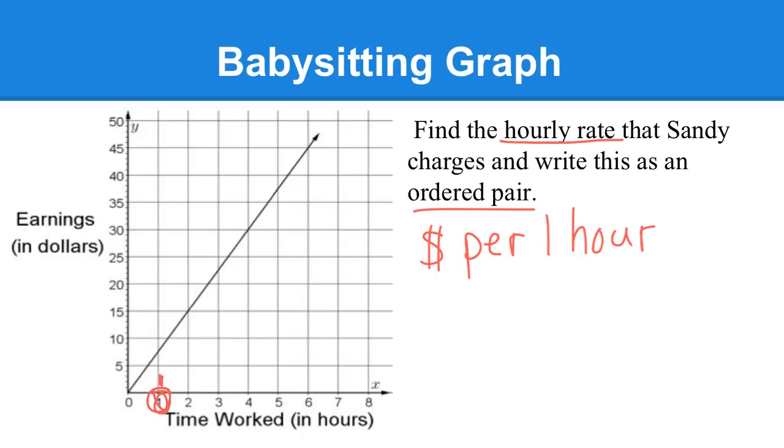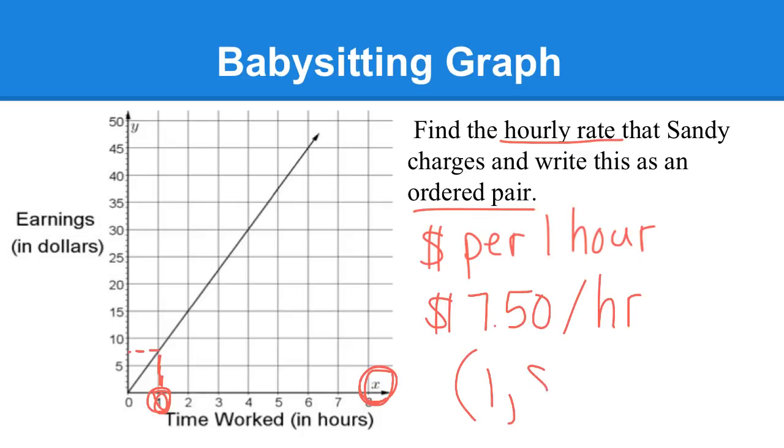And I can go up to my line, take a hard left, and go across. And it looks like she's making $7.50 per hour. To write that as an ordered pair, remember my x-axis information goes first. So for 1 hour of work, she makes $7.50.